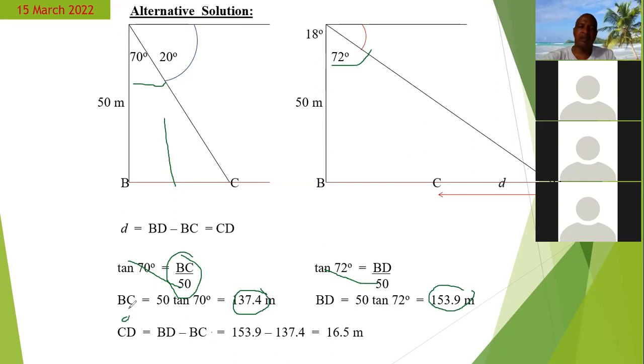So this is D. We put in 153.9, subtract 137.4, and we still get the same answer for D. So D is actually 16.5 meters.